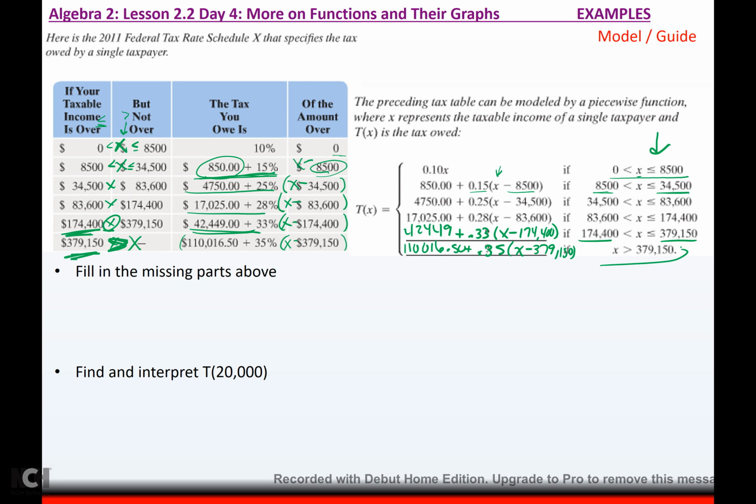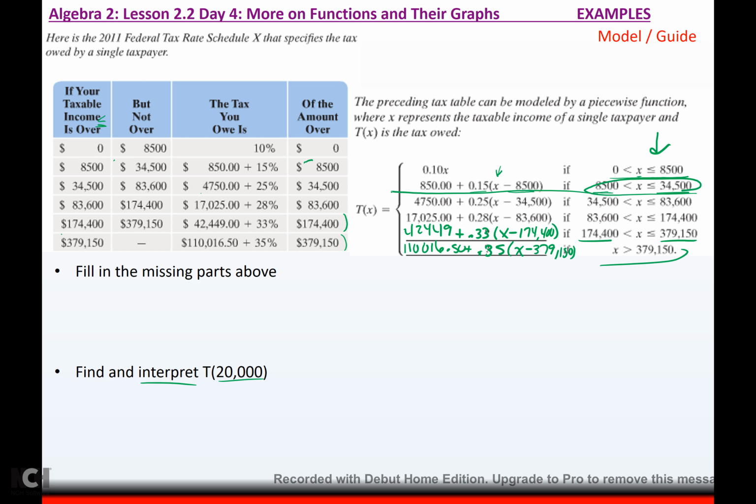Okay, and then they want me to find and interpret T of 20,000. They're saying you've made $20,000. So you've got to figure out where that puts you. And that puts me right here. I'm between 8,500 and 34,500. So I'm using this equation, which says I will pay $850 plus 15% of 20,000 minus 8,500.